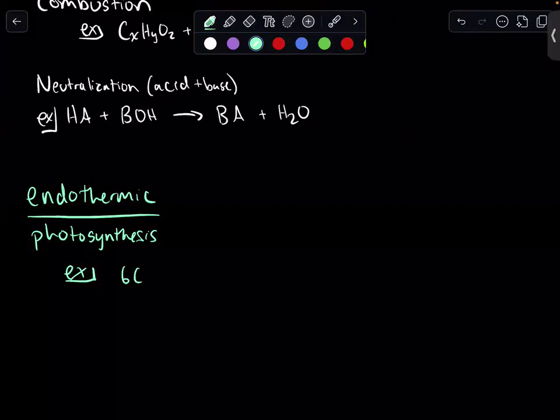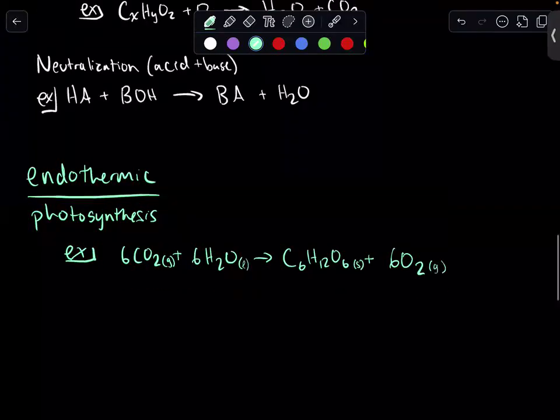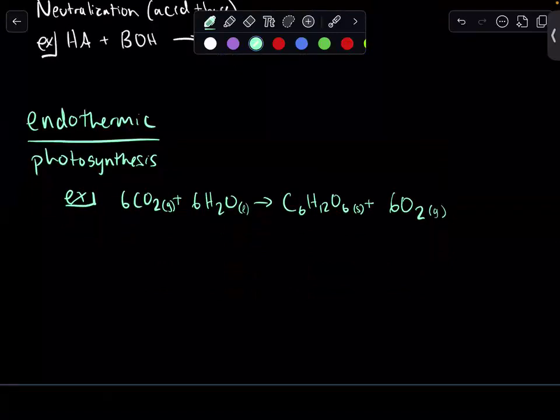We take 6 carbon dioxides plus 6 waters, and we convert that into C6H12O6 plus 6 oxygen. This is the standard reaction for photosynthesis, and we'll even put our state symbols in here. This is a reaction that the IB expects you to know already.